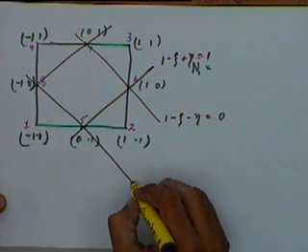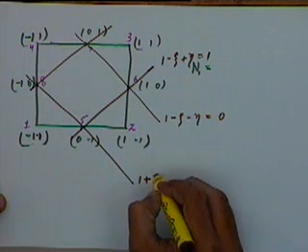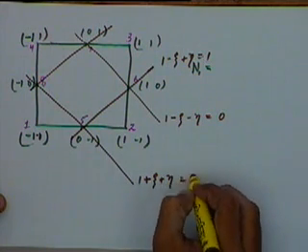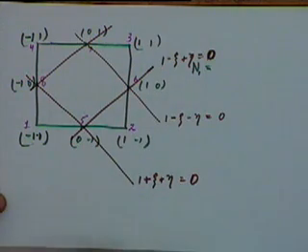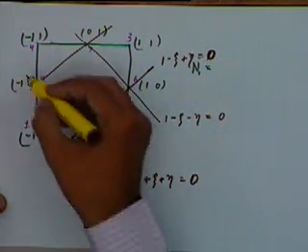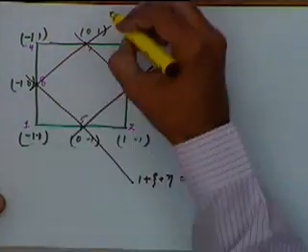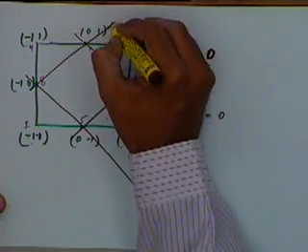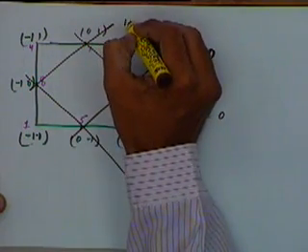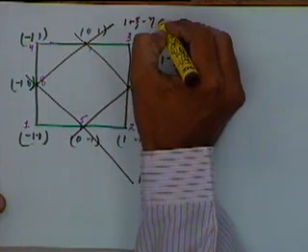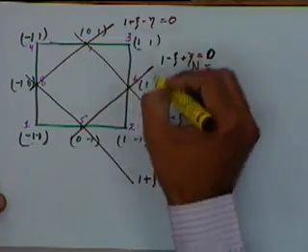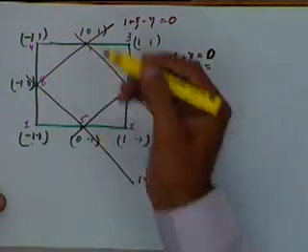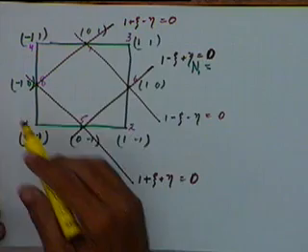Similarly, this line will have the equation of 1 plus zeta plus eta equal to 0, sorry, so zeta plus eta will be minus 1 along this, and similarly along this edge we will get 1 plus zeta minus eta equal to 0. Basically, for all these 4 lines we have 2 points and I am writing down the equation of the line between these 2 points.